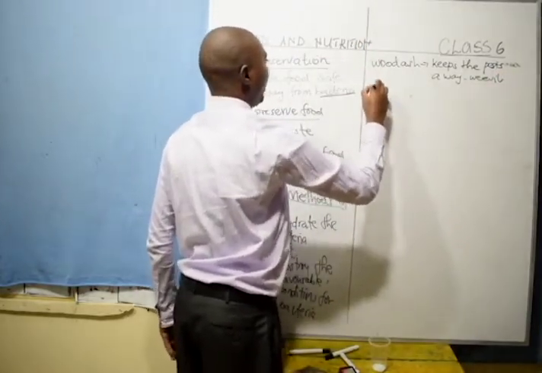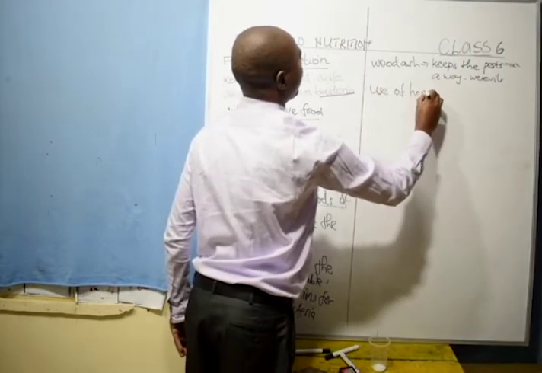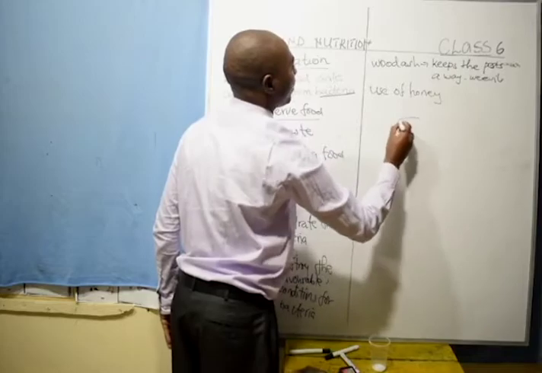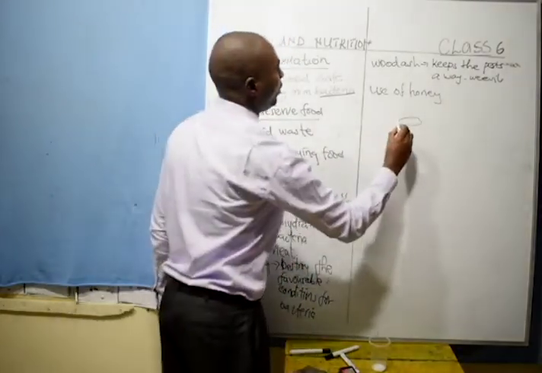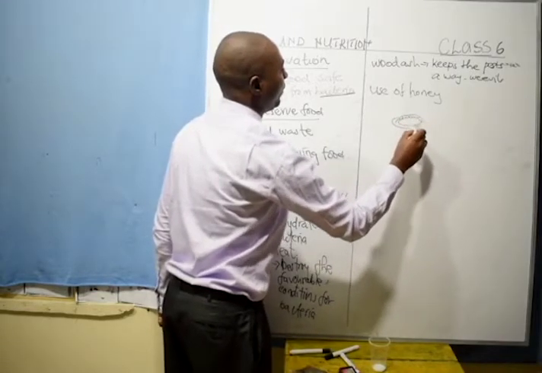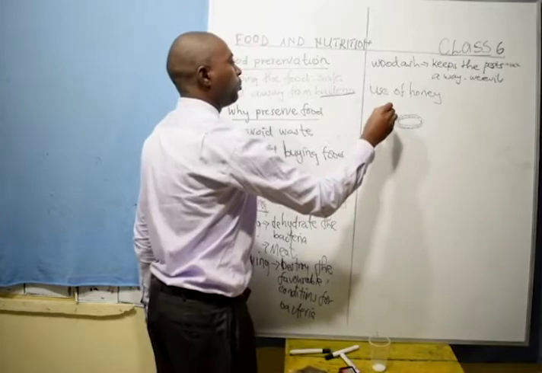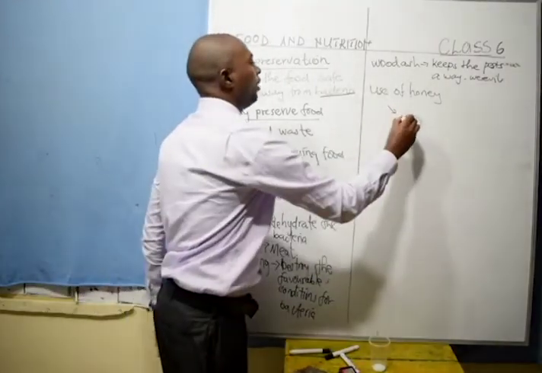We also used honey. In the use of honey, if this was the food, mostly meat, it would be roasted or boiled, then it would be coated with a layer of honey. The importance of honey was to prevent entry of air into the meat.